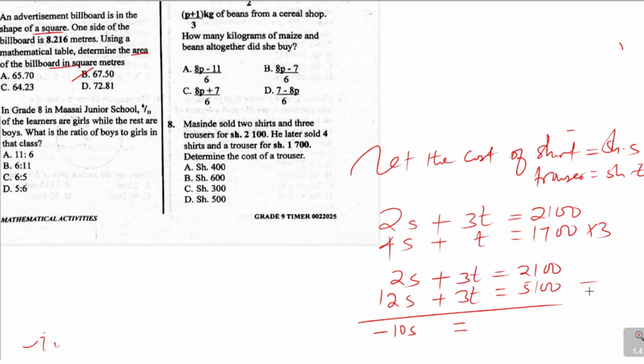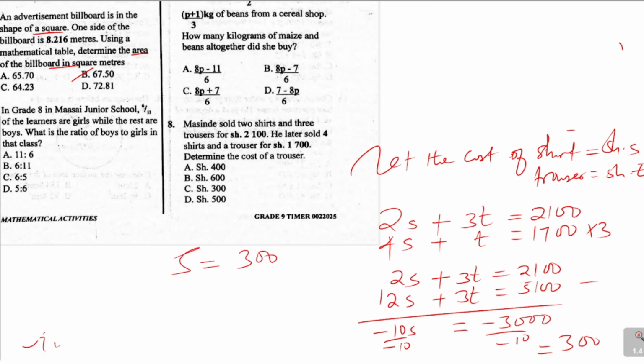Then 2100 minus 5100, that is going to give negative 3000. So when you divide both sides by negative 10, negative divided by negative gives a positive. So this will give 3000 divided by 10, 300. And that is S. So S is equal to 300 shillings.